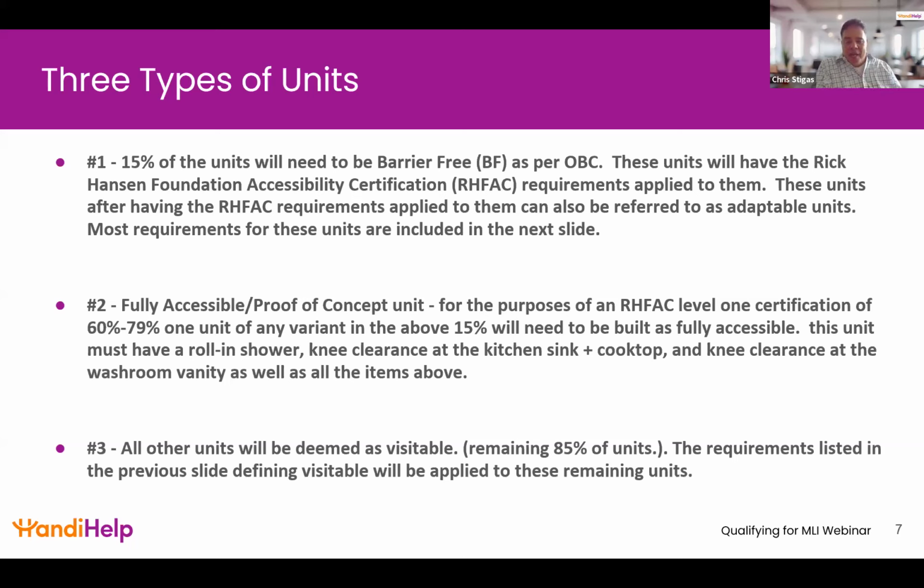And it'll have all the items that are required in the above barrier-free units. And then the third type of unit, which will be the 85%, the remaining units, will be the visitable unit. And that unit will get all the things that we spoke about in the previous slide for visitable.